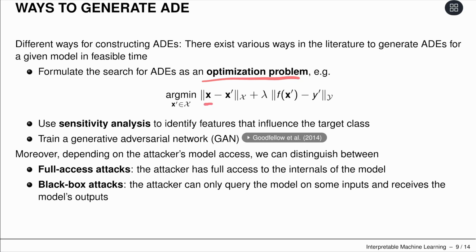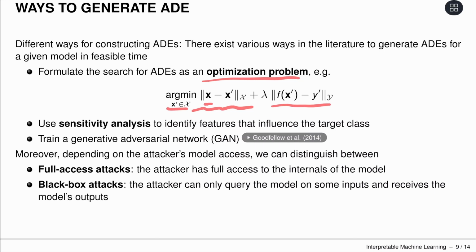We'd like now to find an x prime in our input feature space in a way that the distance gets fairly small, right? So we would like to minimize the distance. And on the other hand, of course, the prediction should be different. So we would like to find some kind of x prime where we're getting a different kind of prediction.